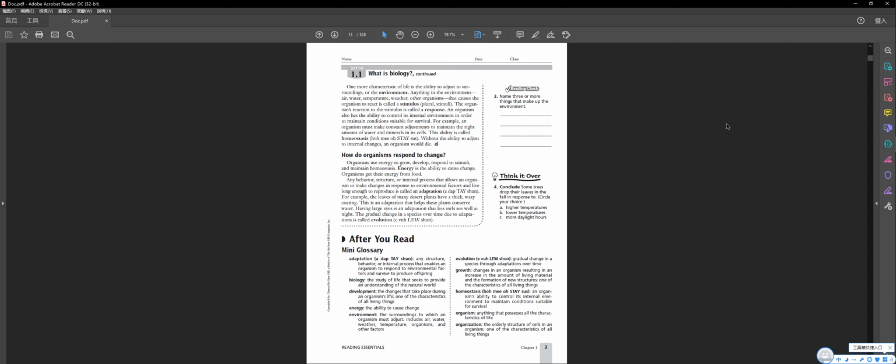This is an adaptation that helps these plants conserve water. Having large eyes is an adaptation that lets owls see well at night. The gradual change in a species over time due to adaptation is called evolution.